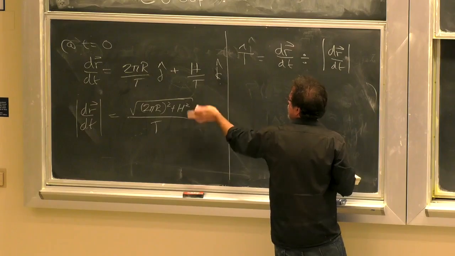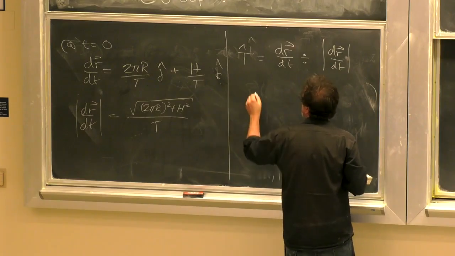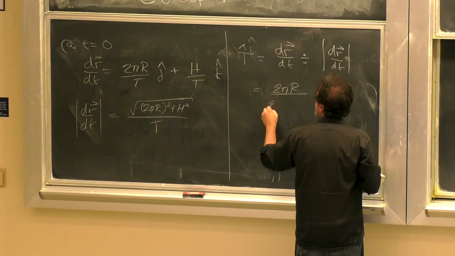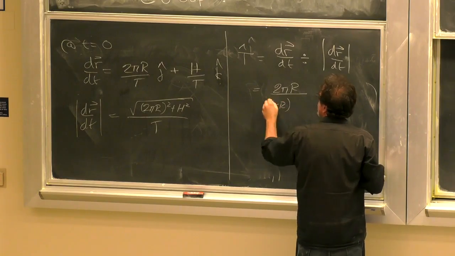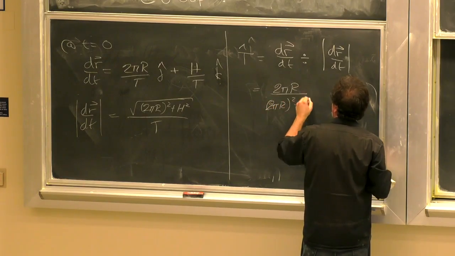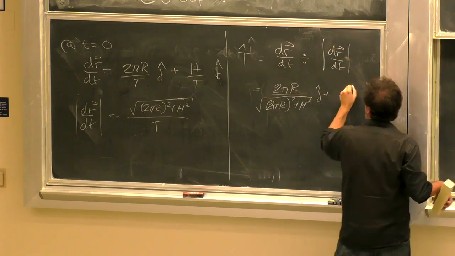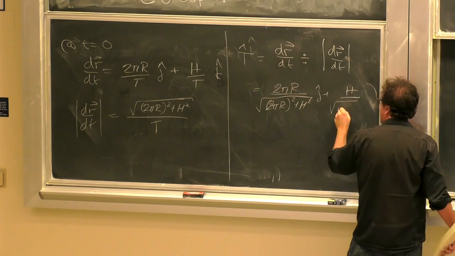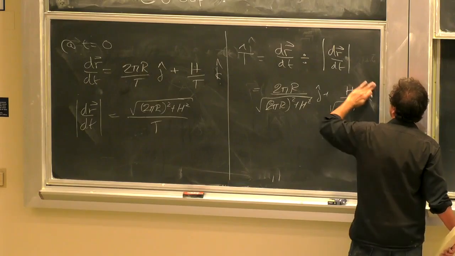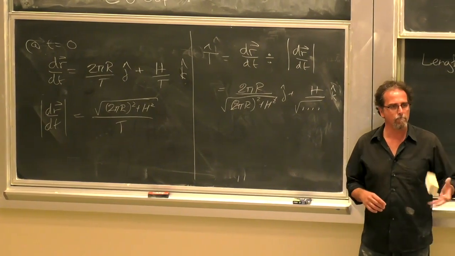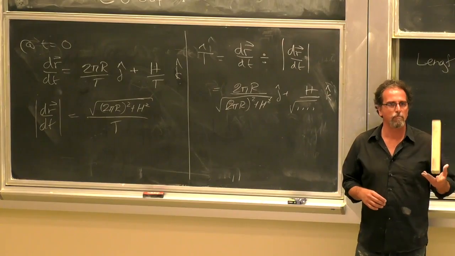The unit tangent doesn't care about this capital T. And you're left with 2 pi r over the square root of (2 pi r) squared plus h squared, j hat, plus h over the square root of the same thing, k hat. You all see that?